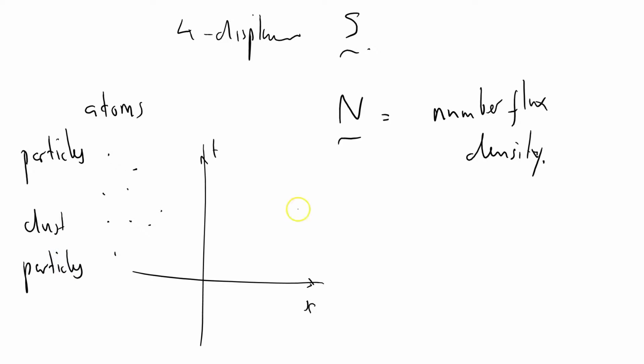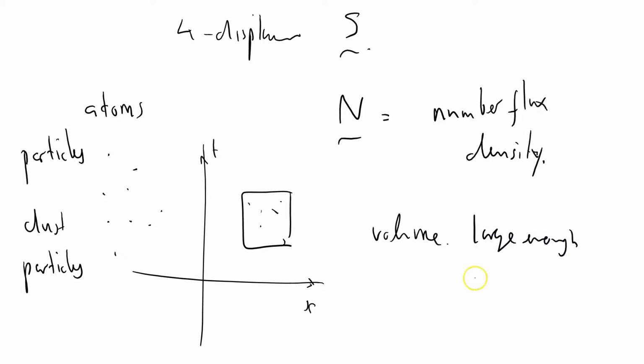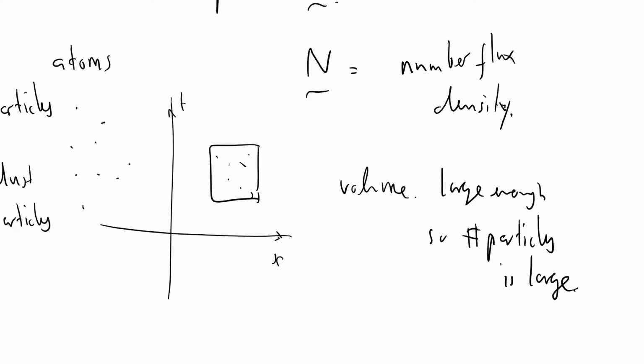And I'm going to consider a little control volume here. It's going to have to be large enough so the number of particles is large, because I want to apply continuum mechanics to it.